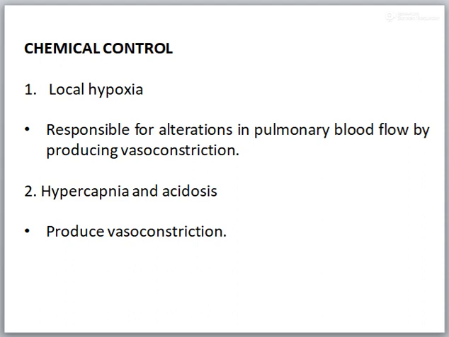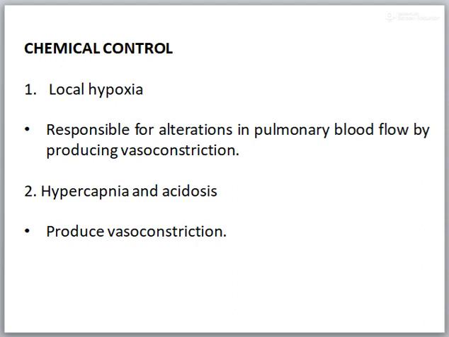Therefore, blood flow through that region is wasted, since it will not get adequately oxygenated. Low PO2 induced vasoconstriction in the lung is a phenomenon that diverts pulmonary blood flow from the alveoli that are poorly ventilated to better ventilated regions so that blood can be properly oxygenated.